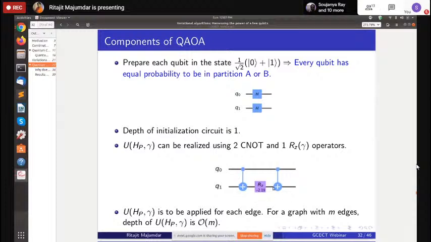You require 3 gates to implement this UHP gamma. And if there are m edges in a graph, you need to apply it on all of those edges, so the depth of the circuit becomes order of m. Again, there is hardly anything you can do better, because if there are m edges, you need to do this for each.